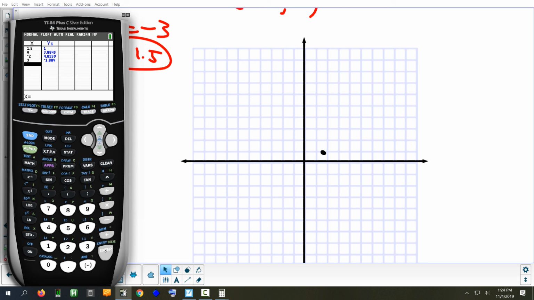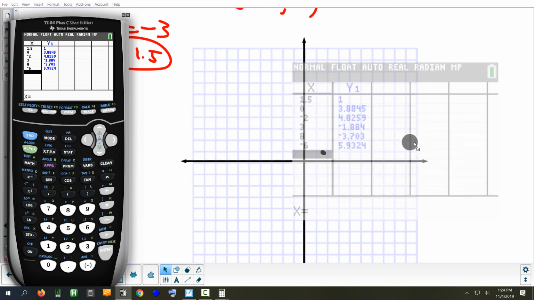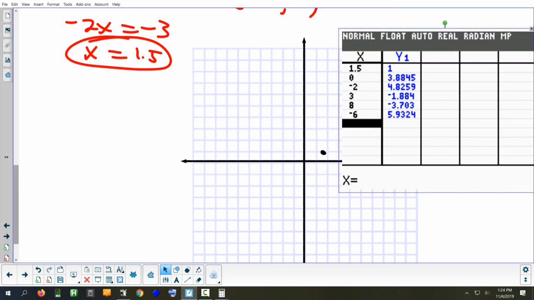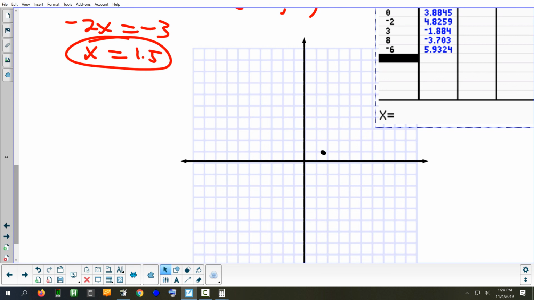That's okay, we got 3, that's pretty close. 8. Yeah, 8. What else? 12. That's going to be off my graph. Nothing wrong with it, I just can't fit it. -6. All right, I think that's probably enough. If you need more detail, you can do it.